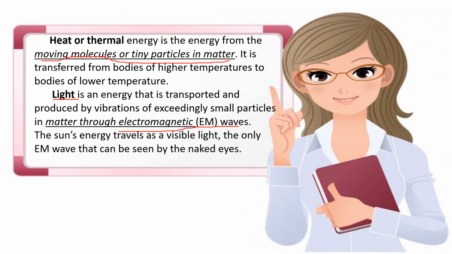We have also cell phone. When you turn on your cell phone, that produces light energy. That is what we call light energy, children. Just remember when we talk about light energy, that is produced through electromagnetic waves or what we call EM waves.